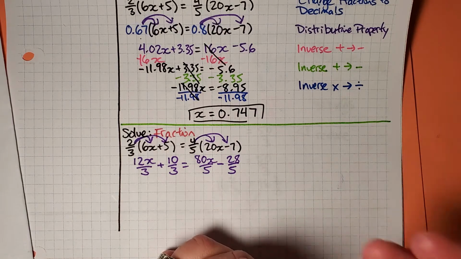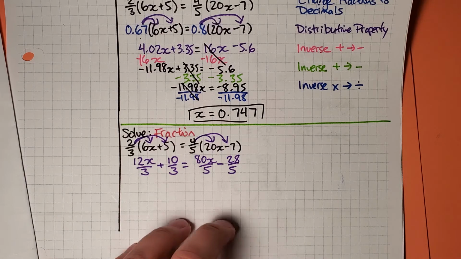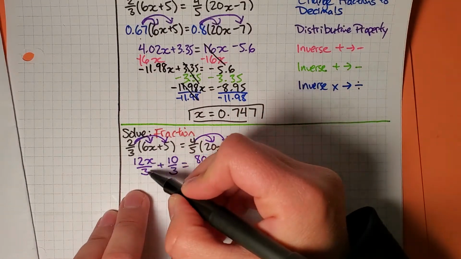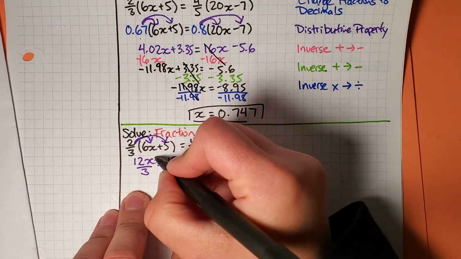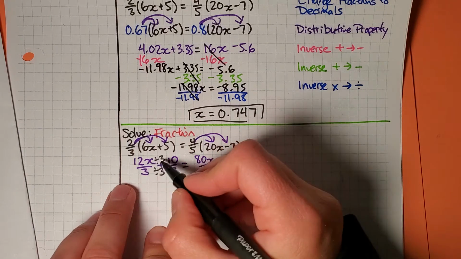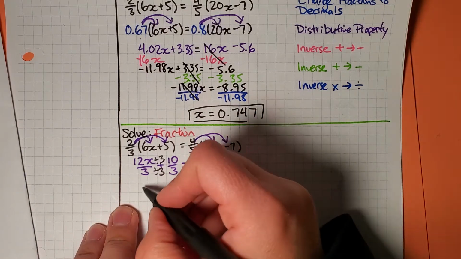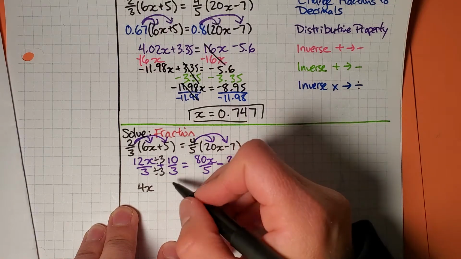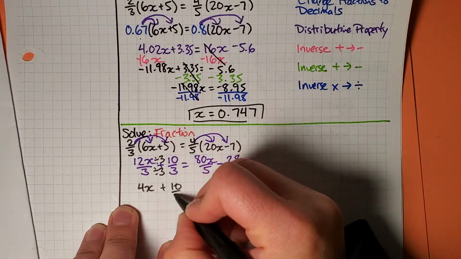But in this case, we're going to try and reduce them. So this is 12 and this is 3. So I can divide the top and the bottom by 3 to reduce it. So then I would get 4x. That's much more manageable. 10 over 3, can't reduce that, so that will stay.